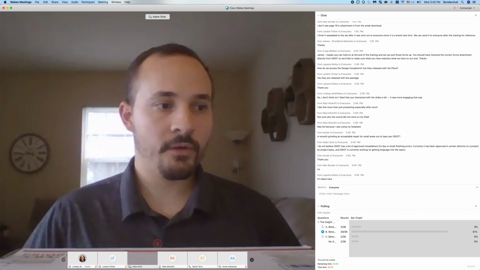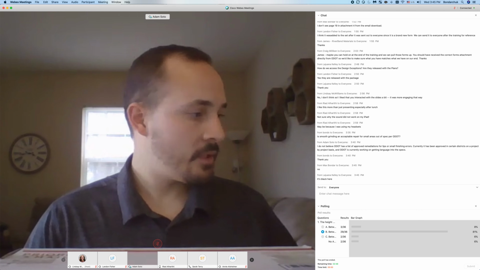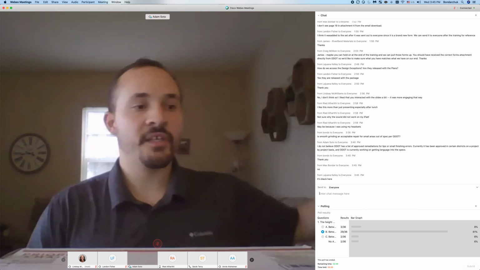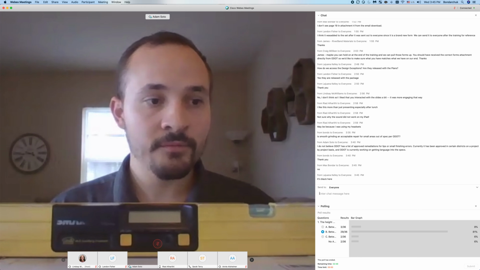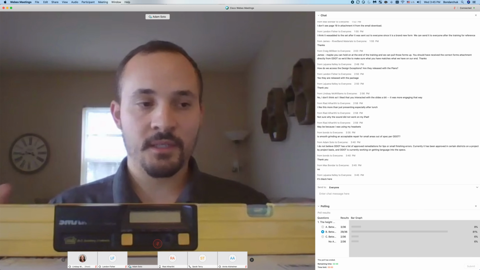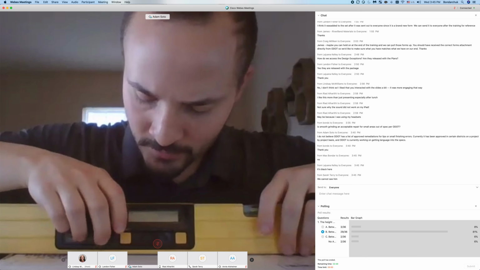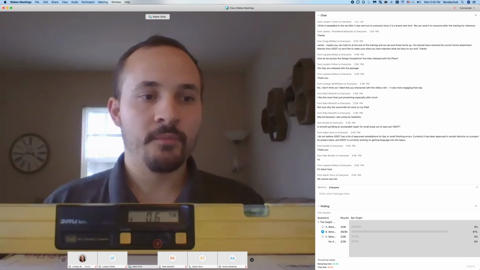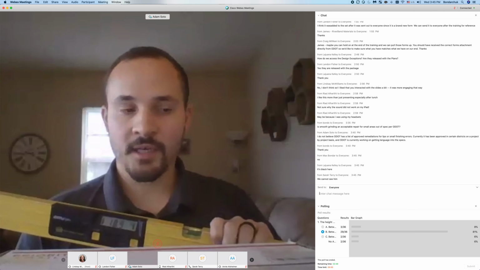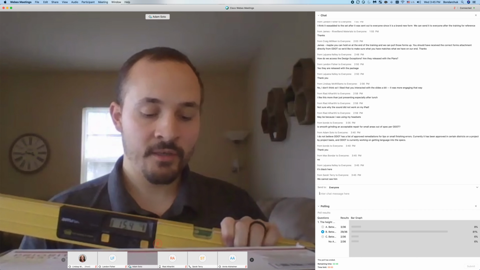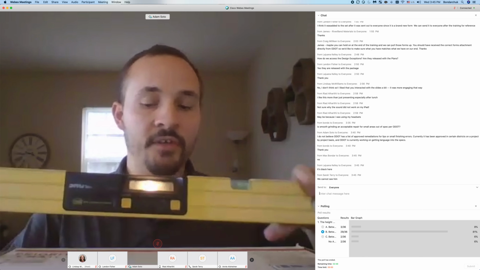Here we go. I'm going to do a live demonstration on how to calibrate the Gen 2 Smart Tool level. So this is the Gen 2 level. First of all, I'm calibrating it on just a postal box to get it at the right height for my camera. We would obviously never do this in the field.